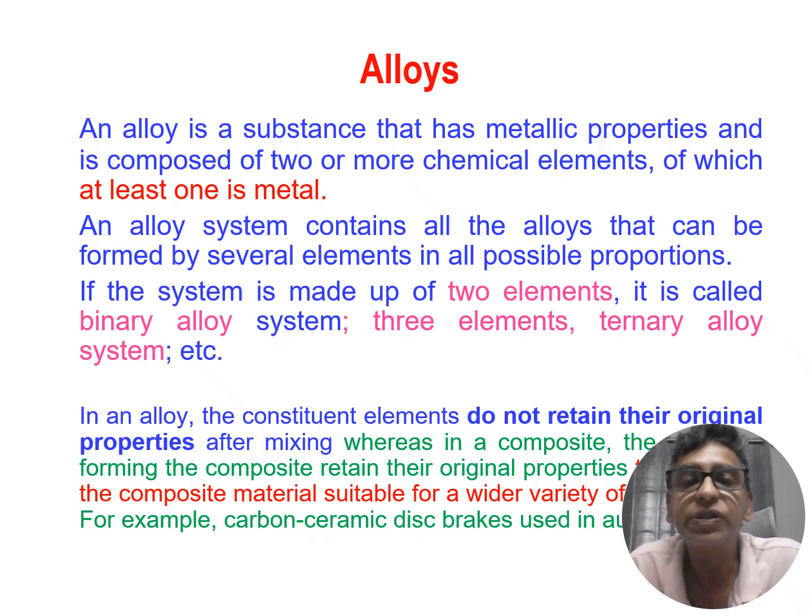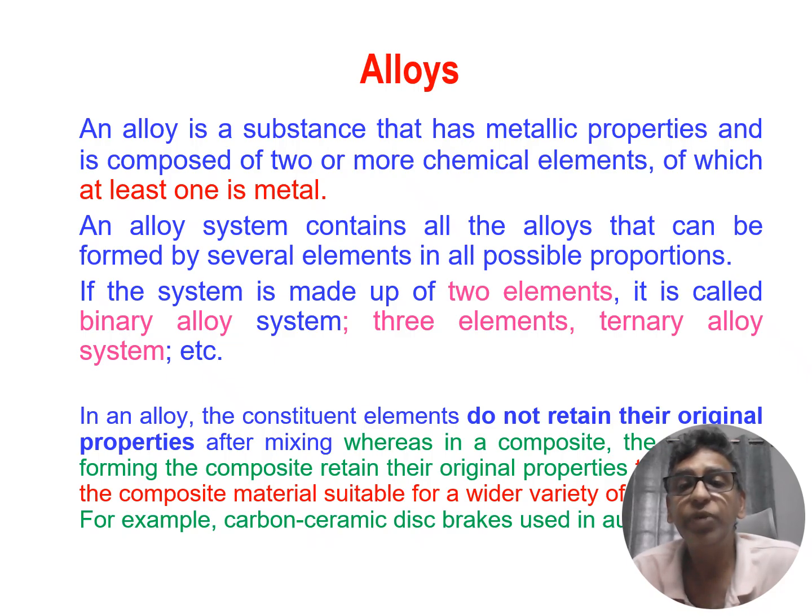Basically, an alloy is a substance that has metallic properties and is composed of two or more chemical elements of which at least one is metal. An alloy system contains all the alloys that can be formed by several elements in all possible proportions.